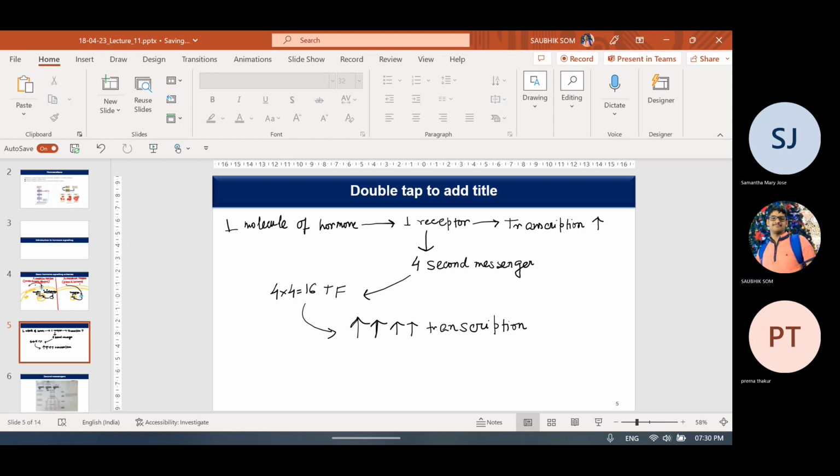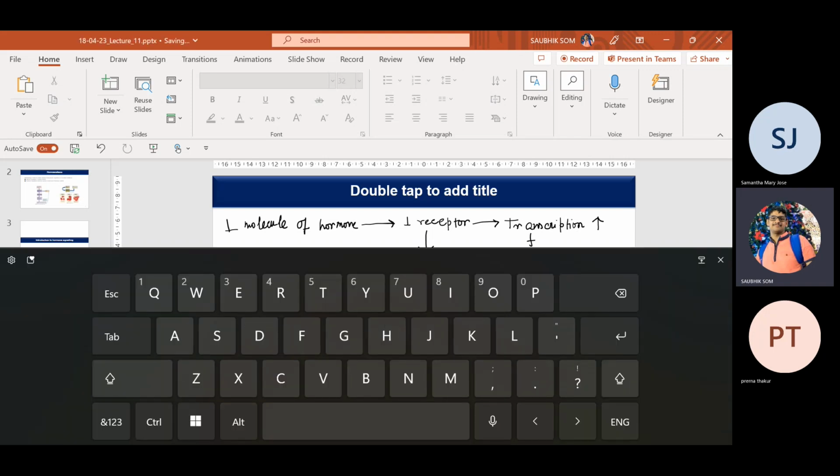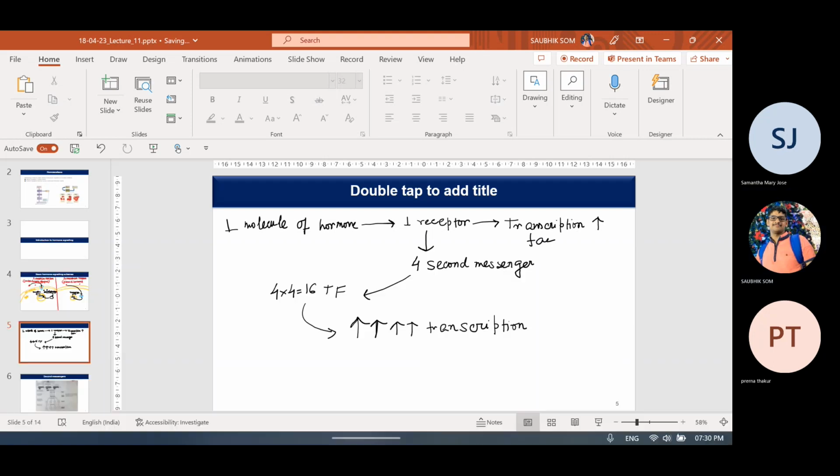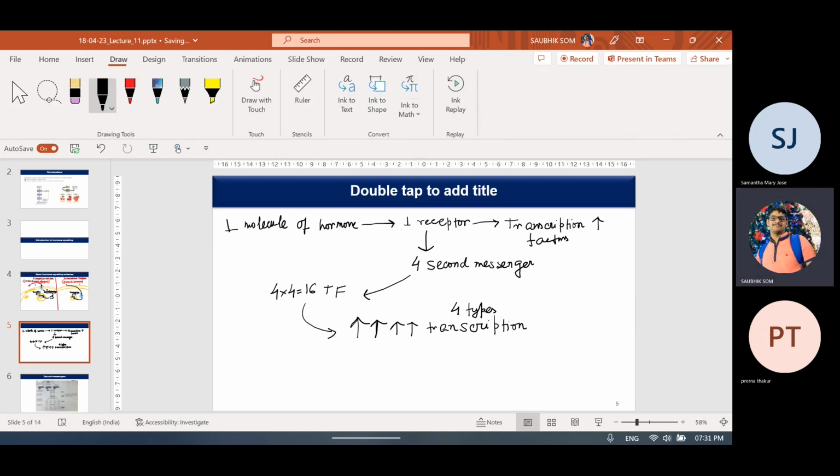Not only that, these may activate only one type of transcription factor. However, the others, on the other hand, may activate maybe 4 types of transcription factors together. So as you can see, there is a clear scheme that is very commonly known in the hormonal field, known as signal amplification.